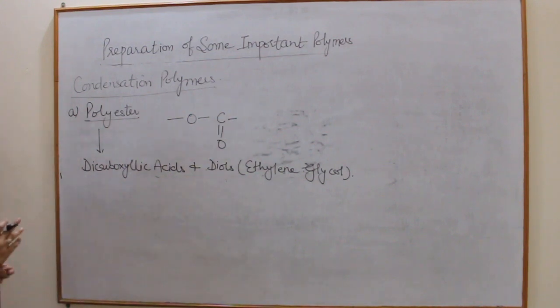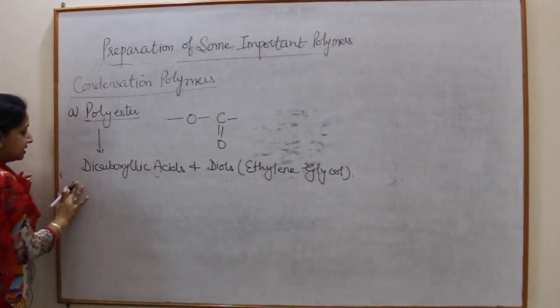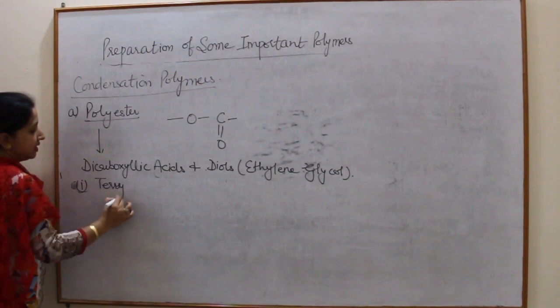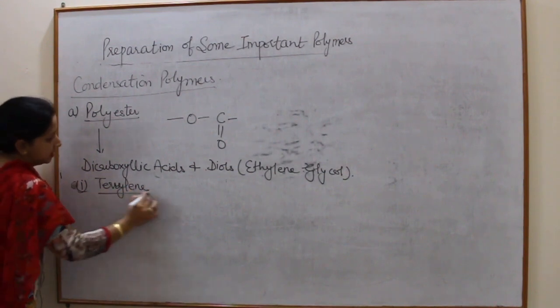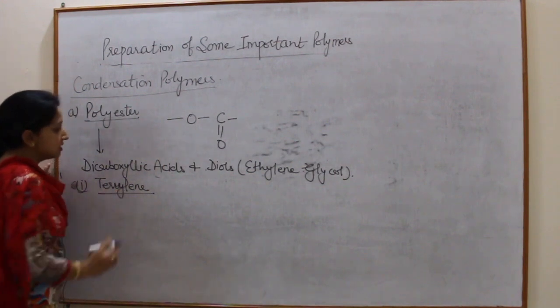So in this case we have to discuss first type, that is terylene. Terylene, it is an important fiber that is crease resistant.